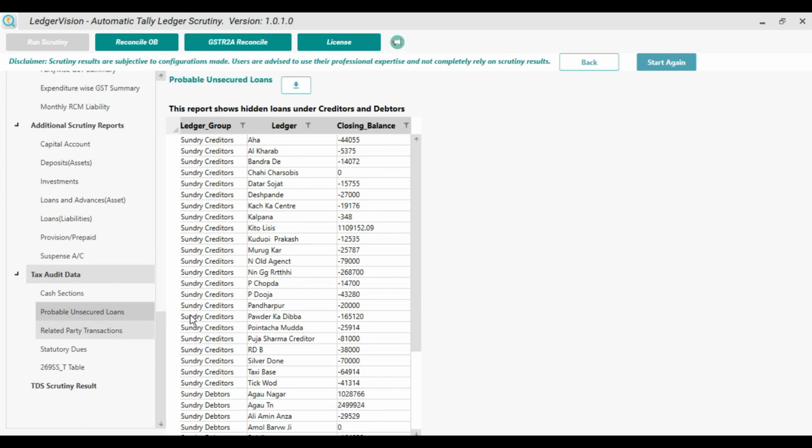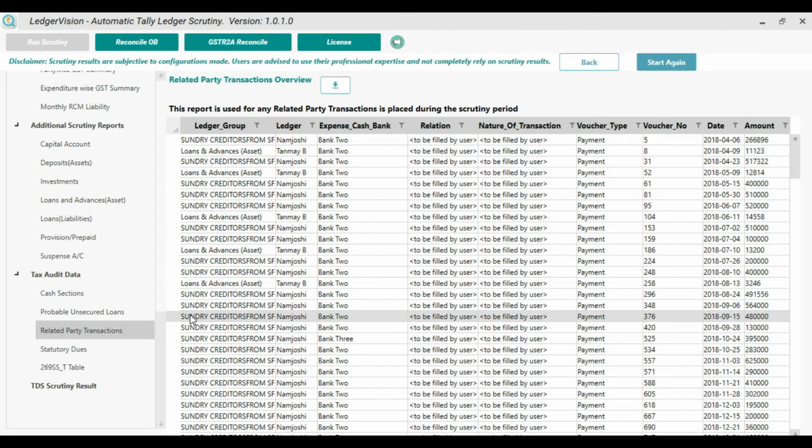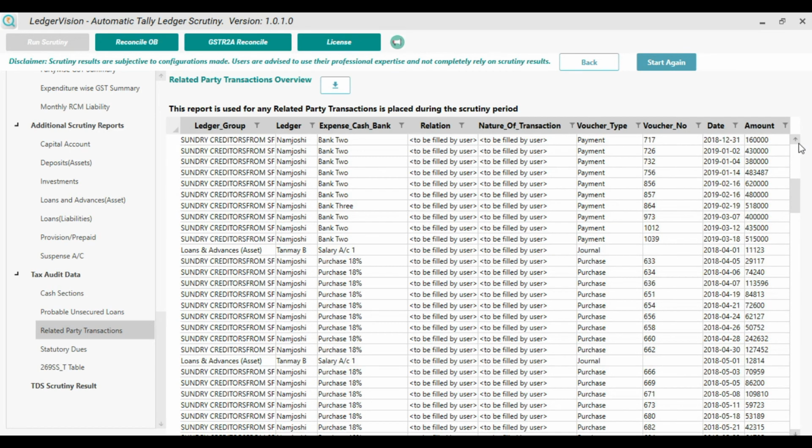This report is related to related party transactions. Related parties are defined in income tax, company law, and GST as well. The reporting requirement under tax audit is that you have to report the payment or expenditure to related parties. So these are the groups, these are the ledgers, and payment or expenditure entries are shown over here.